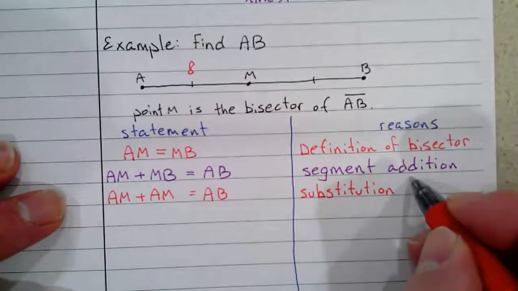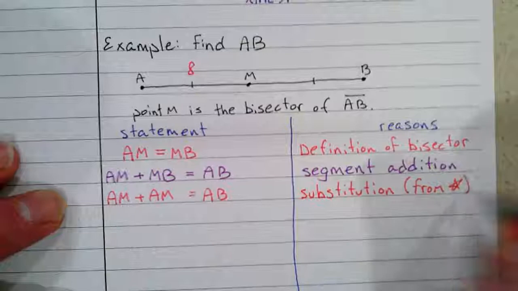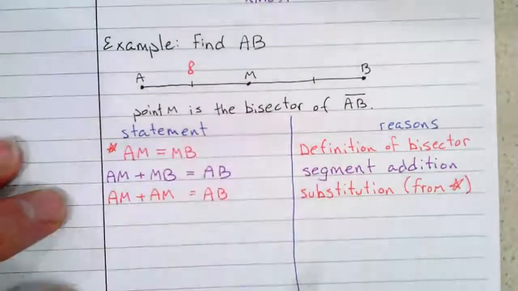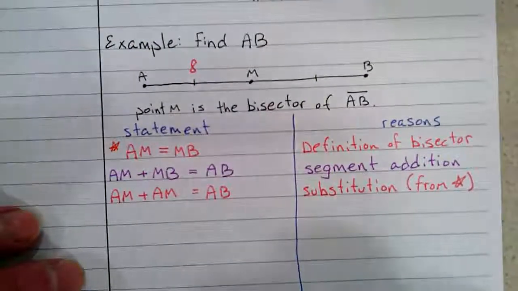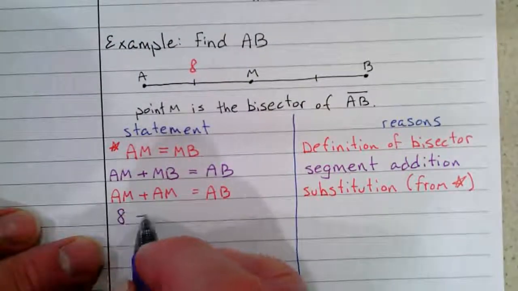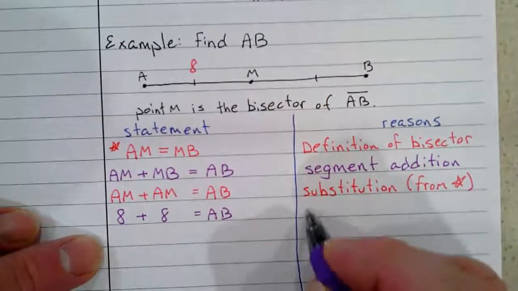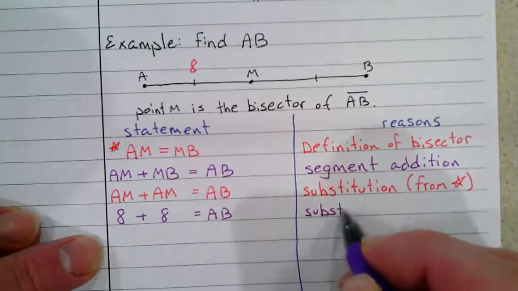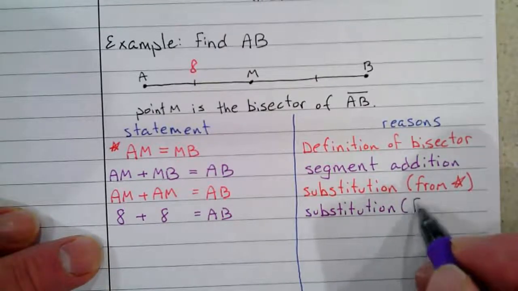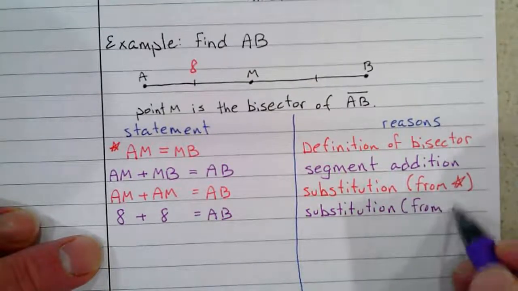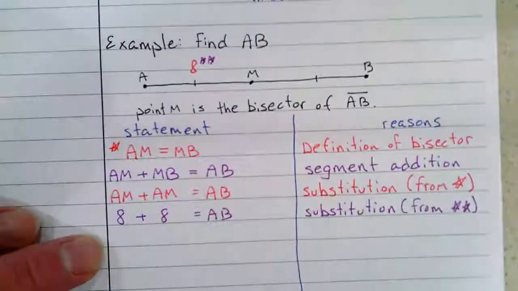I'm going to add a little note here, we'll put a little star up here. Then we'll just substitute. We've got 8 plus 8 equals AB, and that is substitution from, we'll call this double star, we'll put two stars up here.